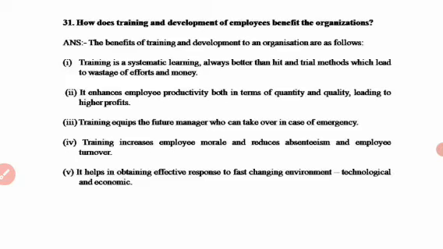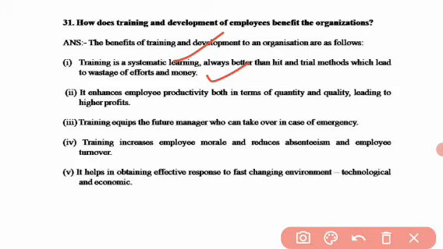So first one, that is, training is systematic learning, always better than hit and trial methods which lead to wastage of efforts and money. So by providing training and development to the employees, it is one of the systematic learning which is helpful to get knowledge to the employees to make the activities easy.